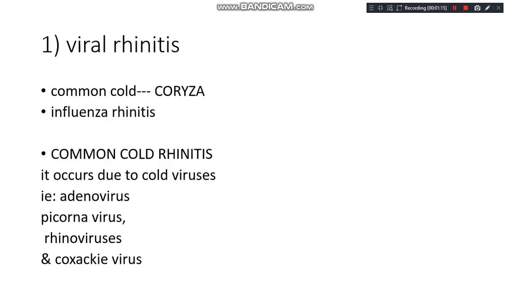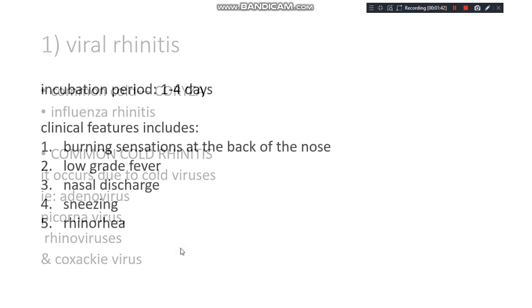Starting with viral rhinitis, we subclassify it into the common cold, which is also called coryza, and influenza rhinitis. Common cold rhinitis occurs due to cold viruses, as the name suggests. The cold viruses are adenovirus, picornavirus, rhinovirus, and Coxsackie virus.